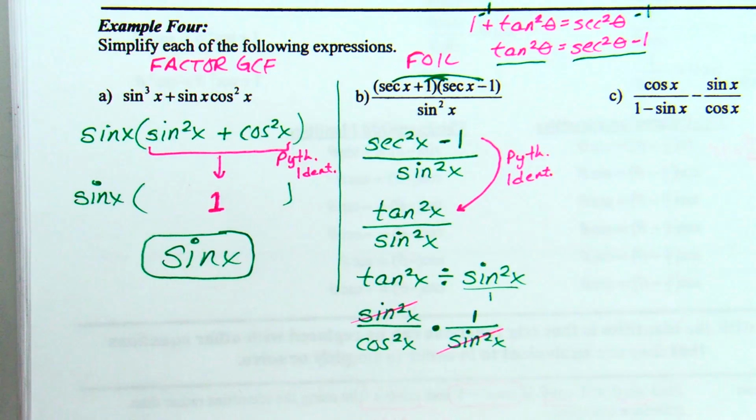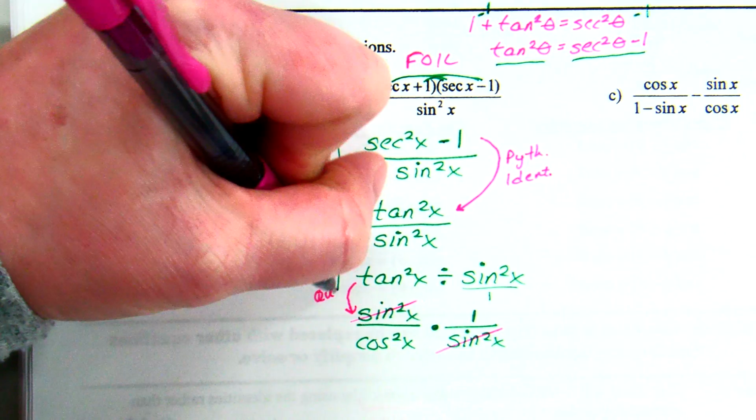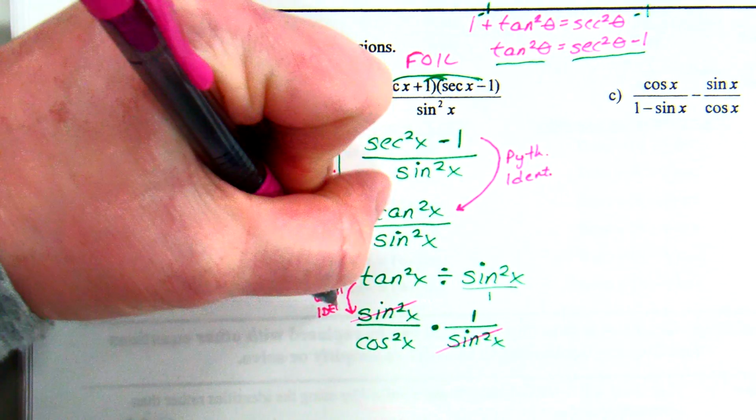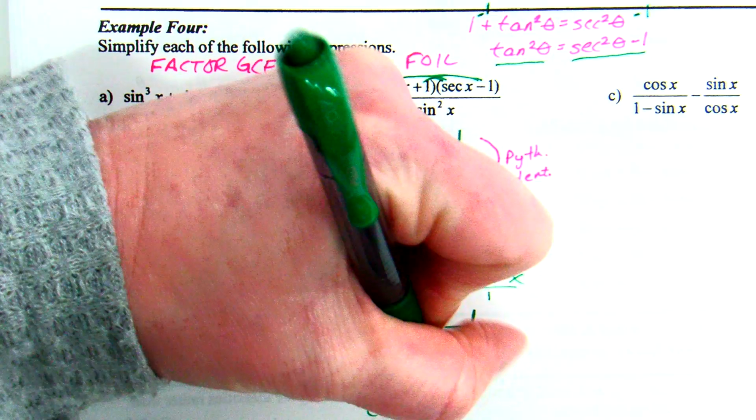And then before I go any farther, do you guys need me to write it in? How did we get from tangent to sine over cosine? We used our quotient identity. Write in any steps you need that might help right now. So now when our sine squareds cancel, I am left with one over cosine squared x.